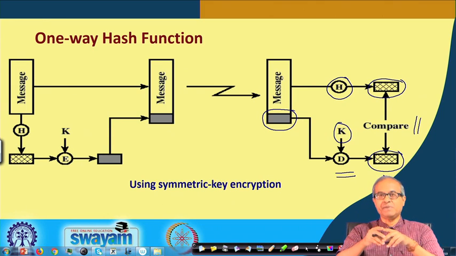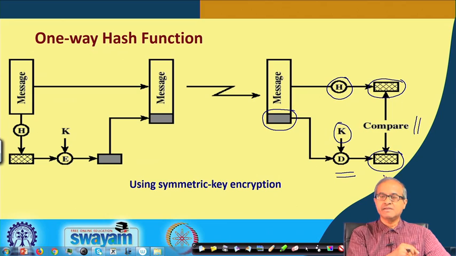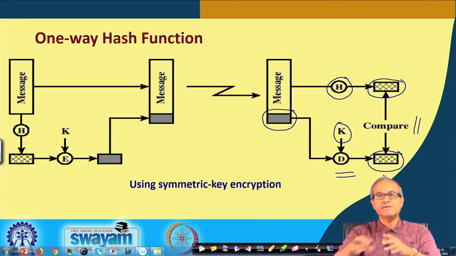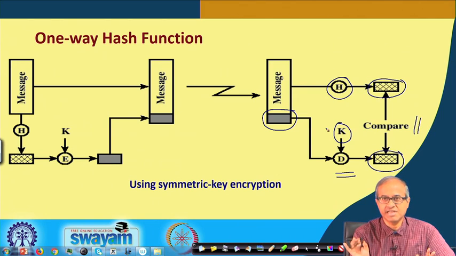Well, if these two are matching, we get two things together. One is of course, means we can identify the sender because only the secret key k was shared with the sender. So, because we are able to verify, so it must be the case that the same value of k was used. So, the sender has been authenticated.